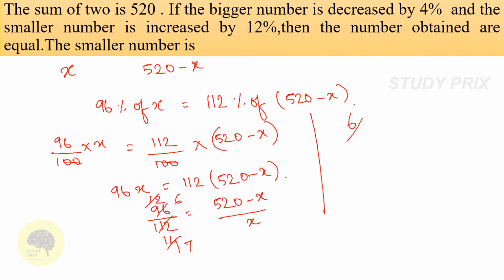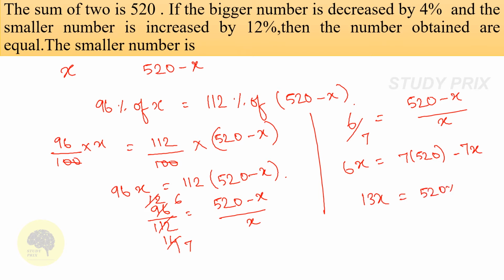Therefore 6 by 7 is equal to 520 minus x divided by x. Therefore 6x is equal to 7 into 520 minus 7x. Therefore 13x is equal to 520 multiplied by 7, which is 3640. So 3640 is equal to 13x. Therefore x is equal to 3640 divided by 13. We will get 280.